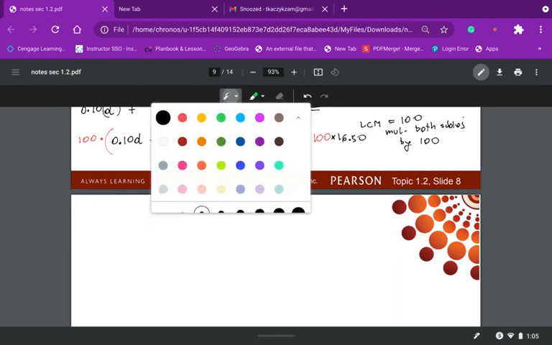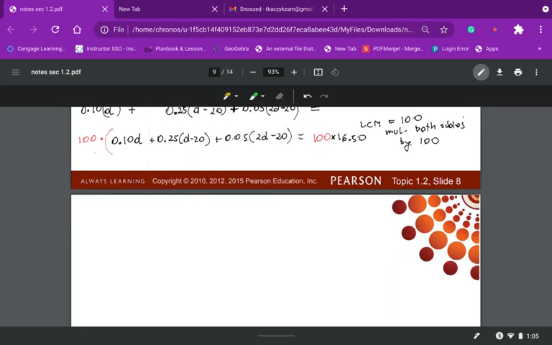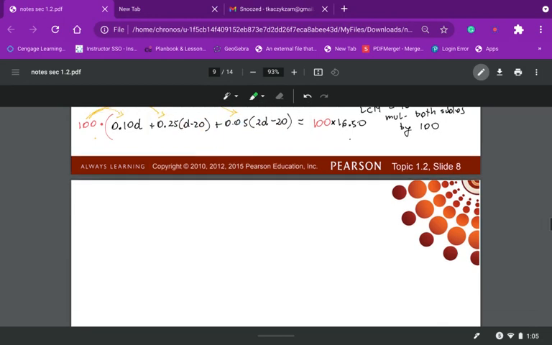We need to distribute that 100 to each expression in the parentheses. That gives us 100 times 0.10D, plus 100 times 0.25 times D minus 20, plus 100 times 0.05 times 2D minus 20, equals 16.50 multiplied by 100.